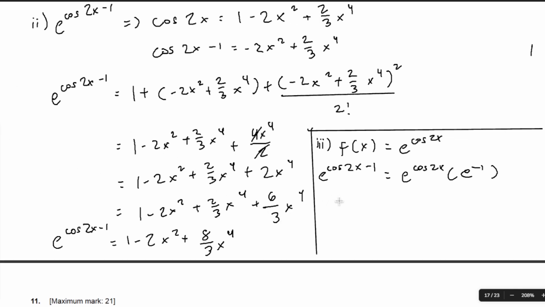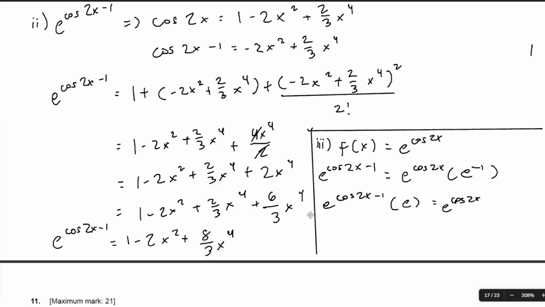So to get f of x, we would have to multiply it with e. So e power cos 2x minus 1 times e would equal our f of x, which is e power cos 2x, right?